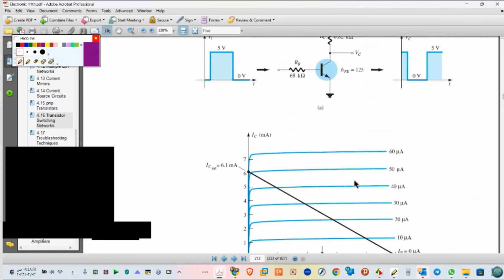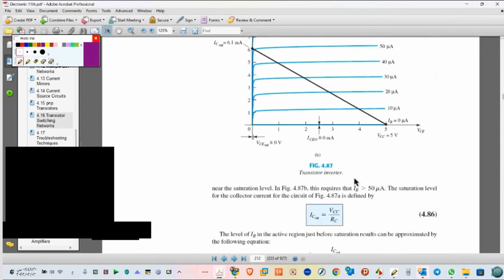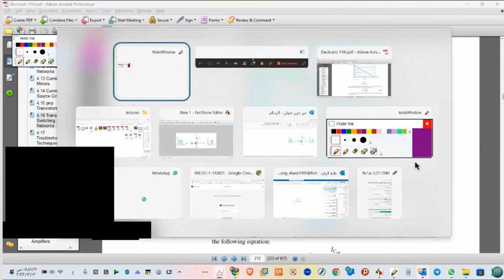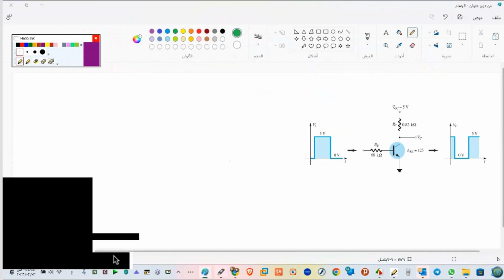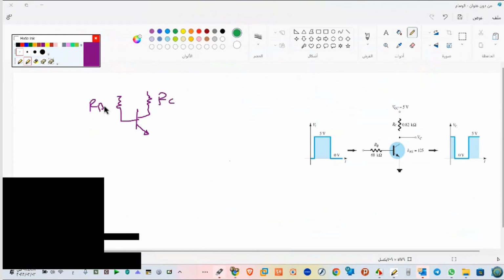For the mathematical part, we will start from, okay, return back to here. Again, if I draw the normal amplifier circuit, RC, RB, VCC, and the ground.